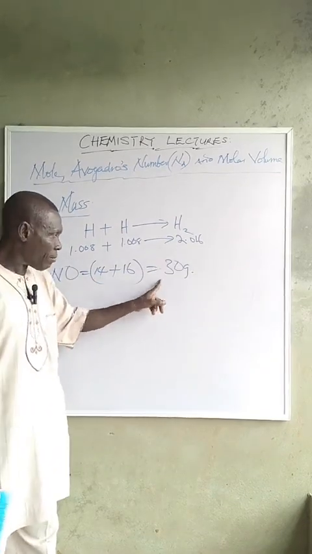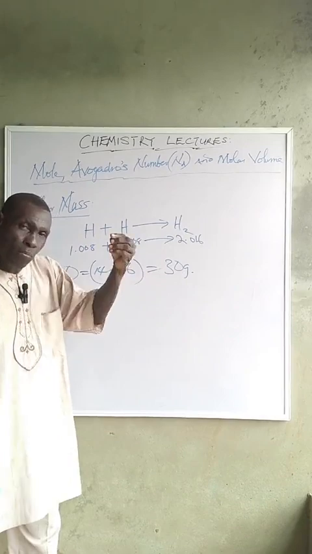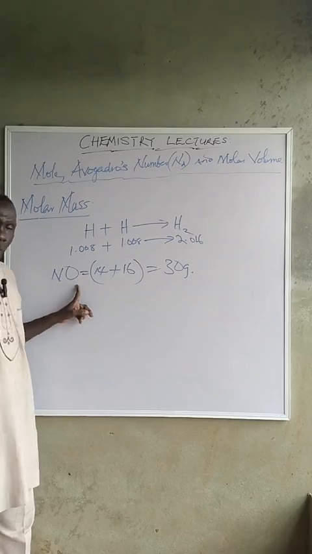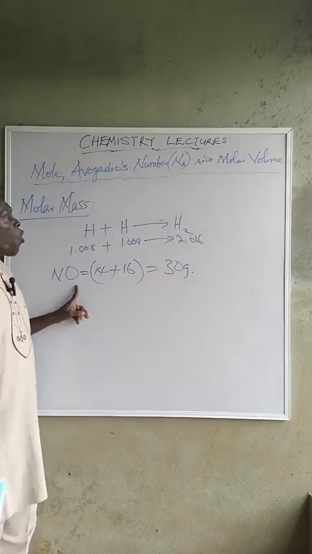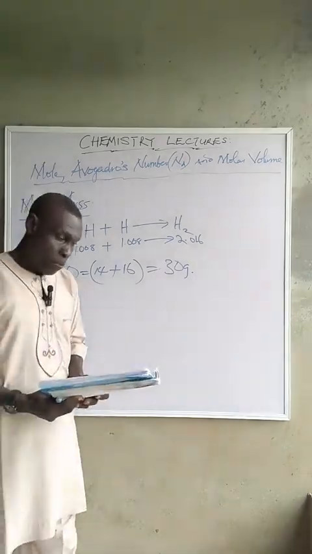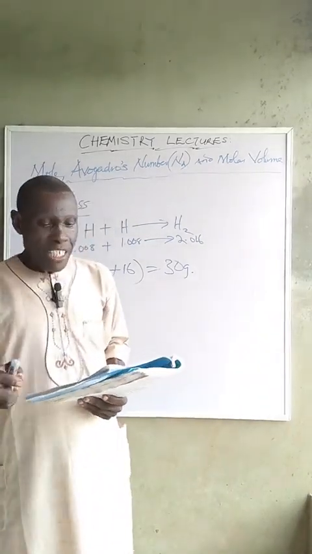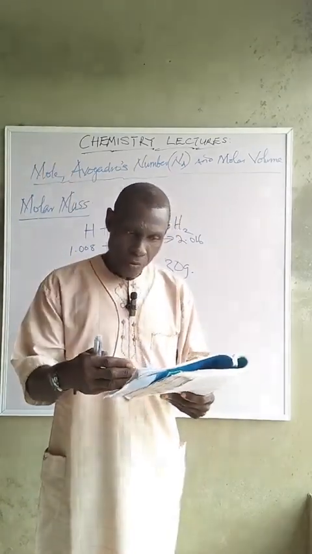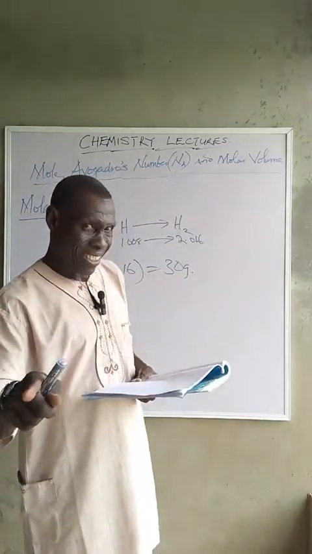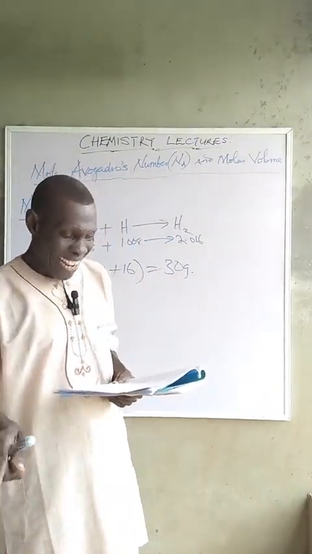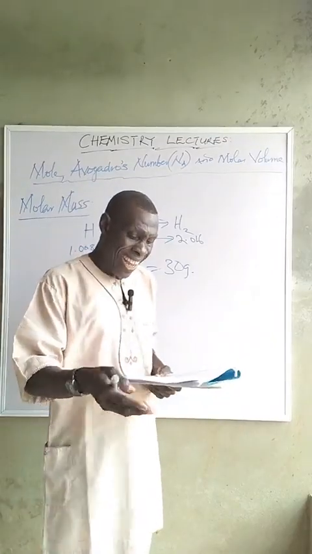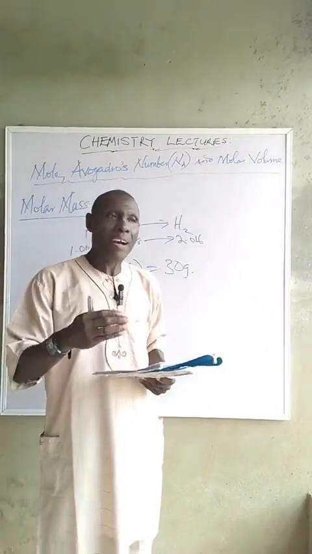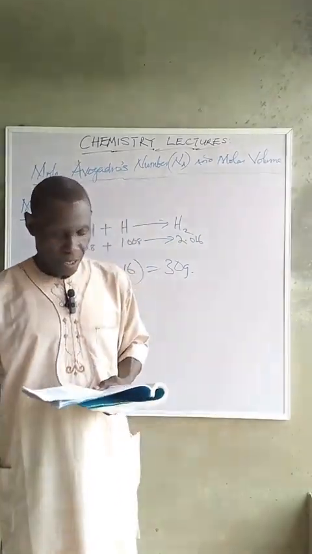So this 30 grams is the molecular mass or the molar mass of this compound called nitrogen 2 oxide. So what I'm now saying from here is that the molar mass of 1 mole of a substance is the sum of the relative atomic masses of all atoms in the molecular formula as expressed in what? In grams. So molecular mass is always expressed in grams.